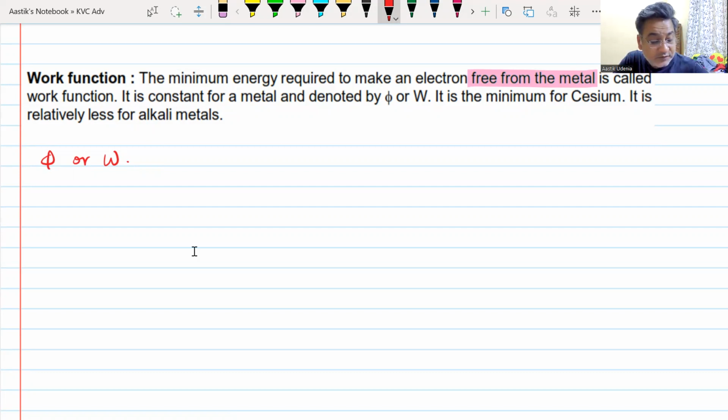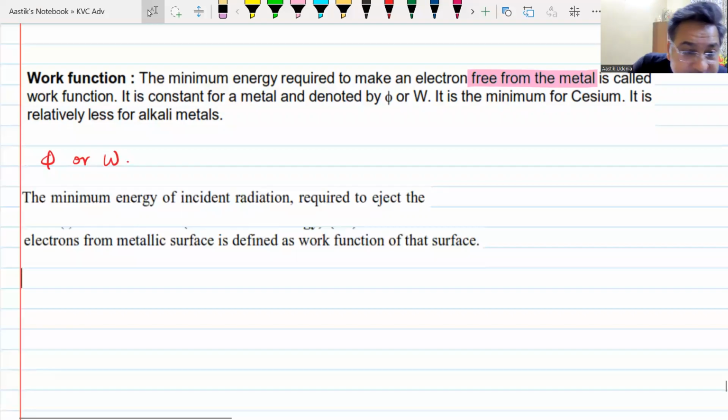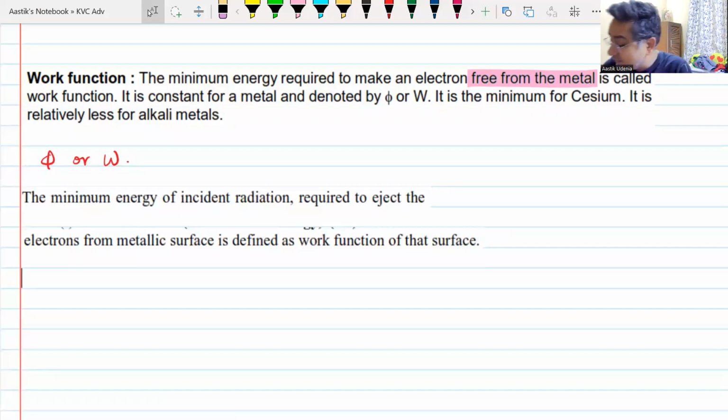If the light is not of sufficient energy, then you will not observe any photoelectric effect. Do we understand this? Yes. So I can write this W, or W naught, or work function, as the minimum energy required.